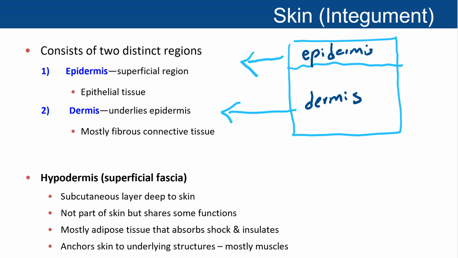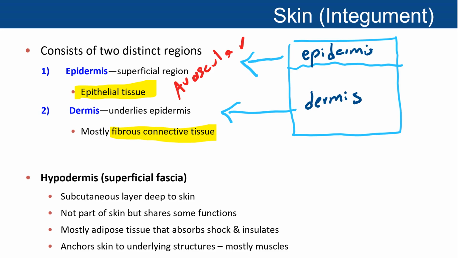The outermost layer, the epidermis, is made up of epithelial tissue, which doesn't have a direct blood supply, or it's avascular. We mentioned avascular epithelial tissue in the last chapter as well. The dermis, which is a deep layer, is made up of mostly fibrous connective tissue or dense connective tissue.